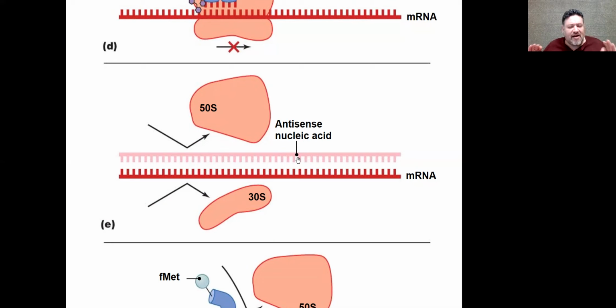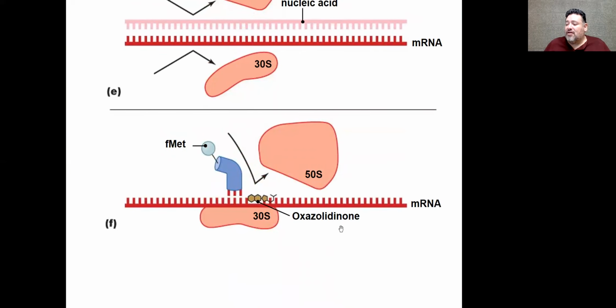And as I have said before, our cells are not kind to genetic material in the cytosol. If they find messenger RNA in the cytosol, they'll degrade it very, very quickly. So the half-life of the short interference RNA is incredibly short.